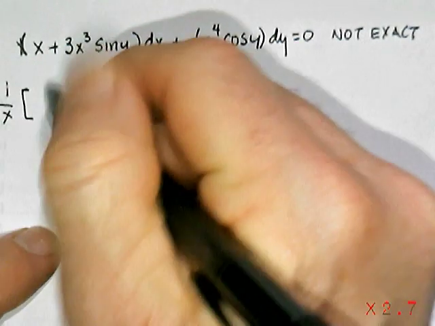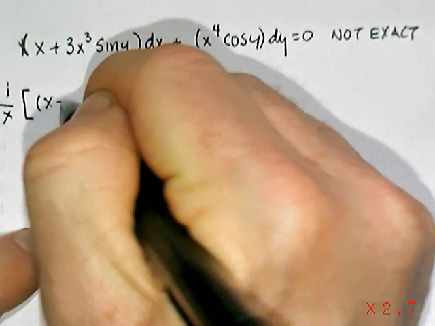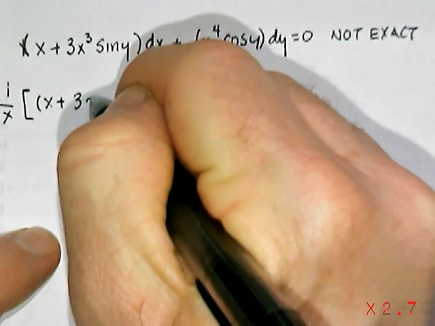So let's look at that. Suppose we multiplied this whole equation by 1 over x.